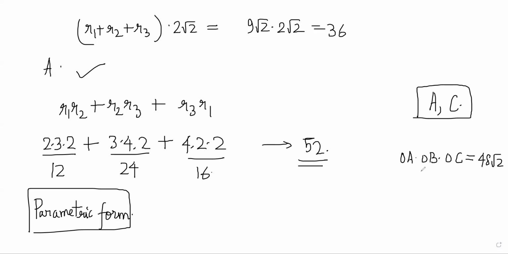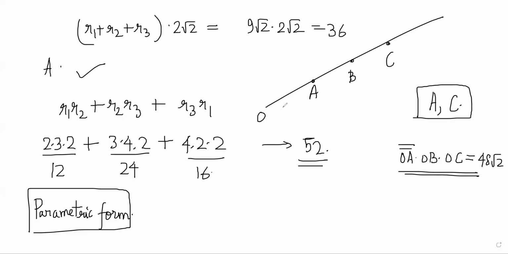They gave this and they said that the line passes through the origin. This would be the distance of the 3 points on the line, no? A, B, C. If they are giving us the product of the distances, obviously they want you to use parametric form, right?